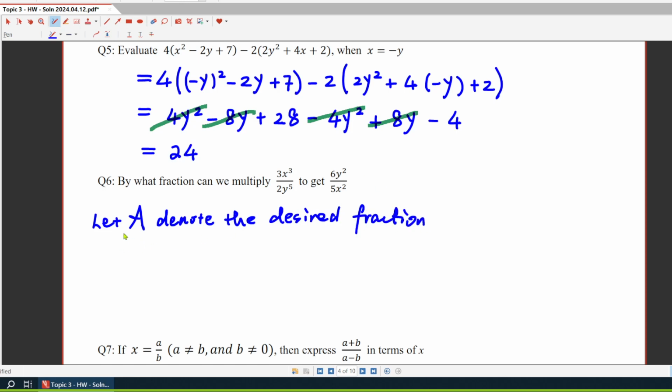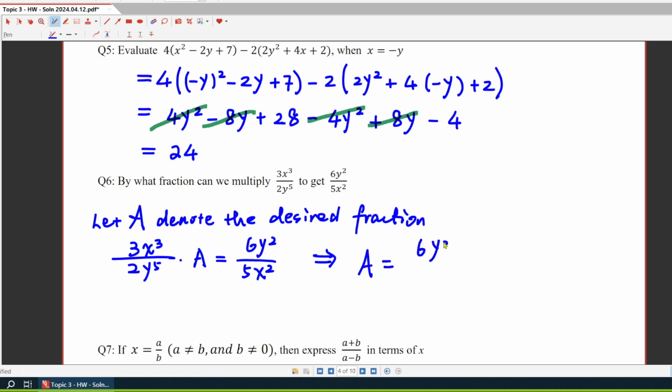So according to the given information, if we multiply 3x cubed over 2y to the power 5 with A, you will get 6y squared over 5x squared, right? So in order to find A, you need to divide both sides using 3x cubed over 2y to the power 5. So A equals 6y squared over 5x squared divided by 3x cubed over 2y to the power 5.